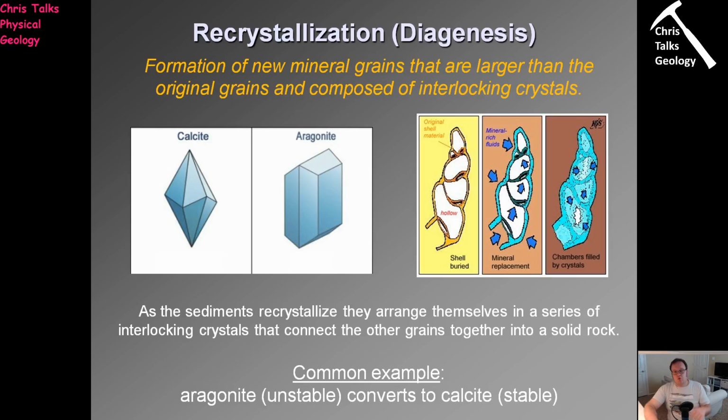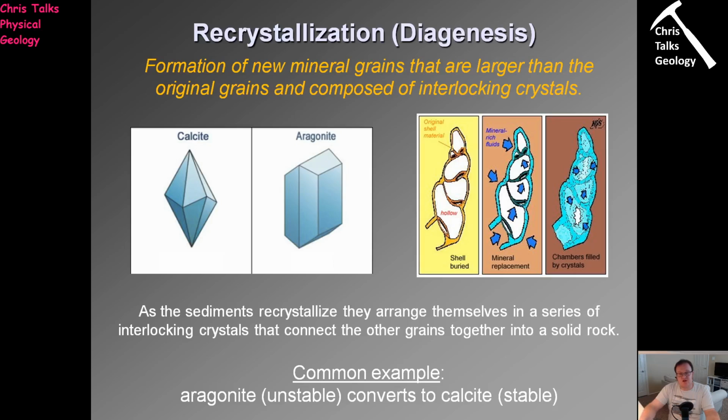However, when your oyster dies and the shell gets incorporated into the sediment, and that sediment gets buried deeper and deeper and deeper, well, the pressure and temperature is going to start going up. And so as the pressure and temperature starts going up, the aragonite is all of a sudden going to start going, no, I don't like this. The temperature's too high, the pressure's too high, I'm going to have to turn into another mineral, something that's more stable under these conditions.